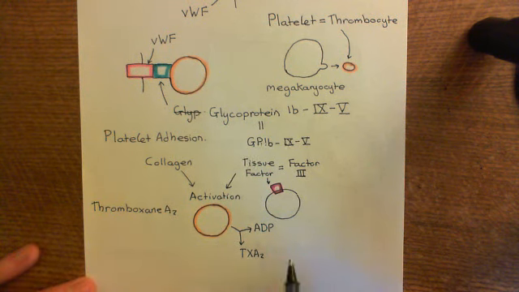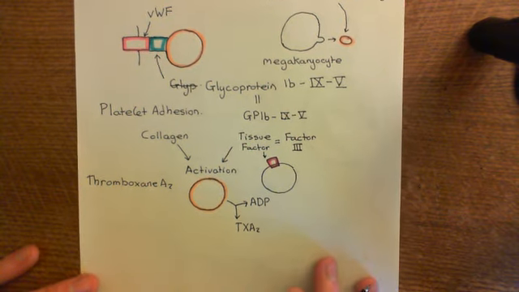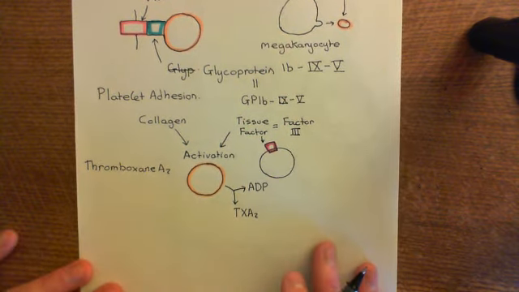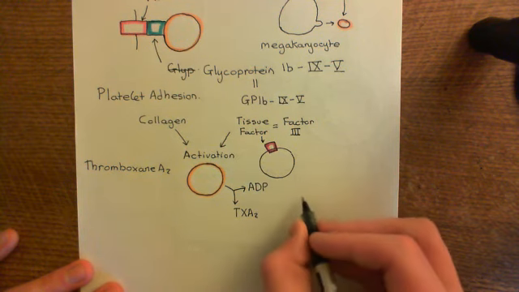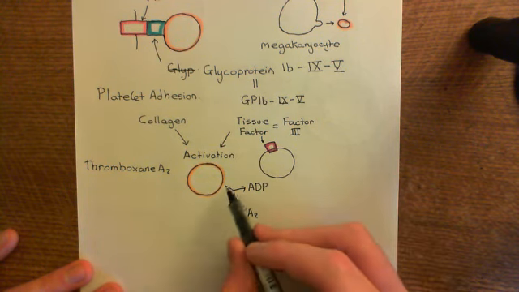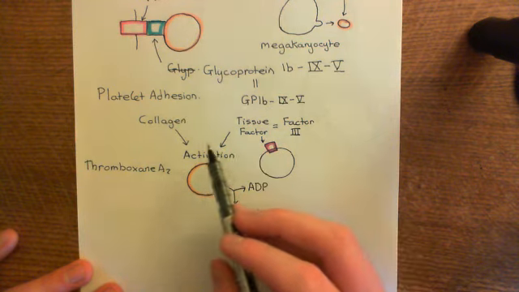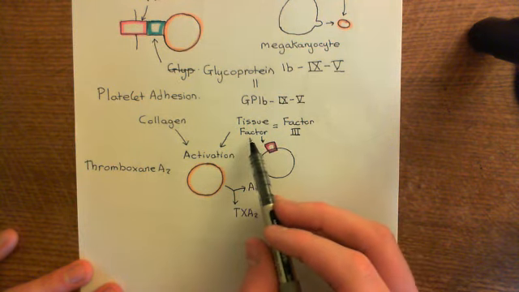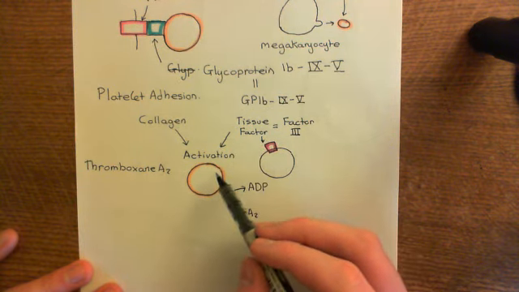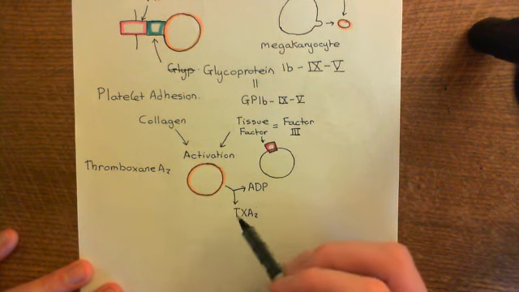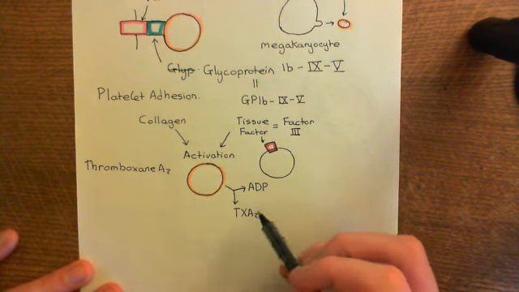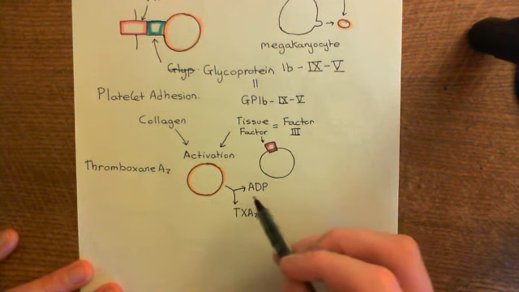Now, let's start with ADP because its role is slightly simpler. ADP is going to trigger a chain reaction. Some of these platelets initially come into contact with collagen or tissue factor, and this causes them to activate, and then they dump ADP and thromboxane A2 into the blood.